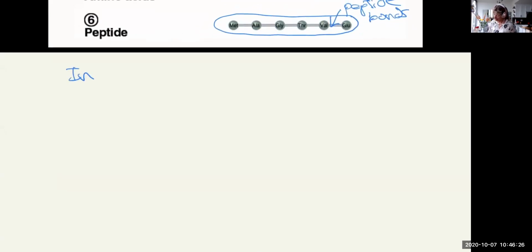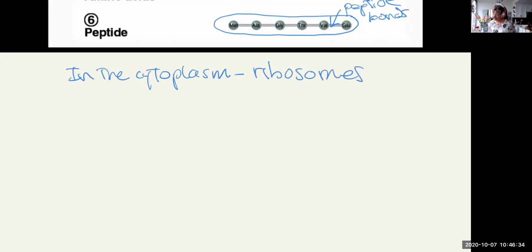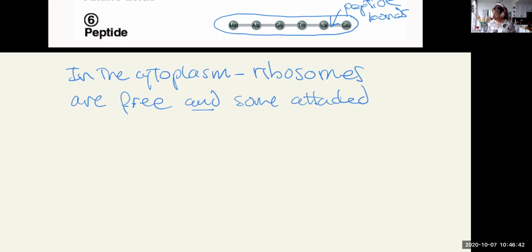So in the cytoplasm, ribosomes are free and some attached to the rough endoplasmic reticulum.